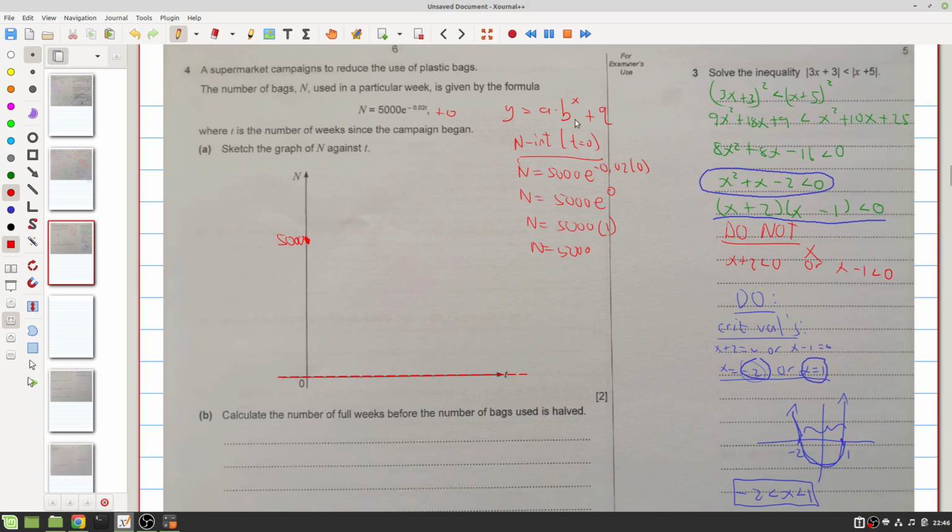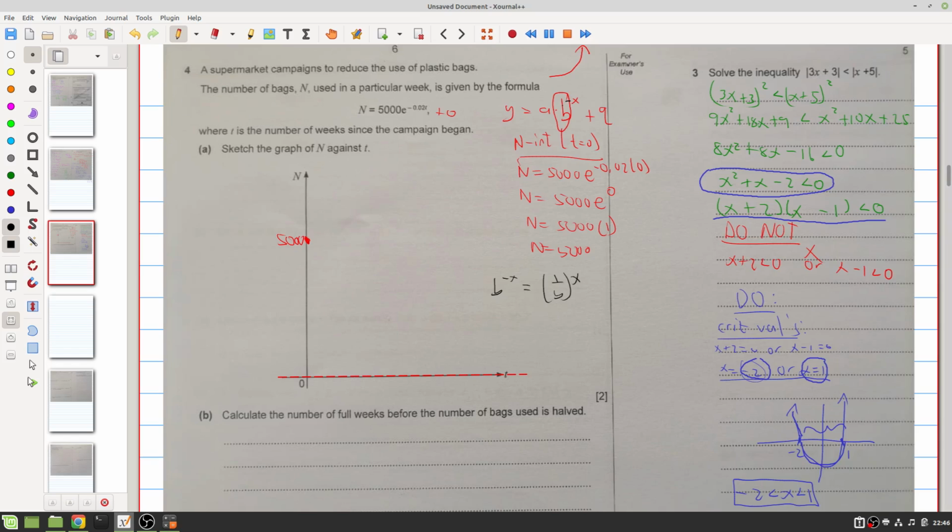Okay, so now what else to remember? We remember that if this value is bigger than 1, then our graph is increasing. But if this is a negative x, let me just do another color here. b to the power -x is the same as 1 over b to the power x, right?